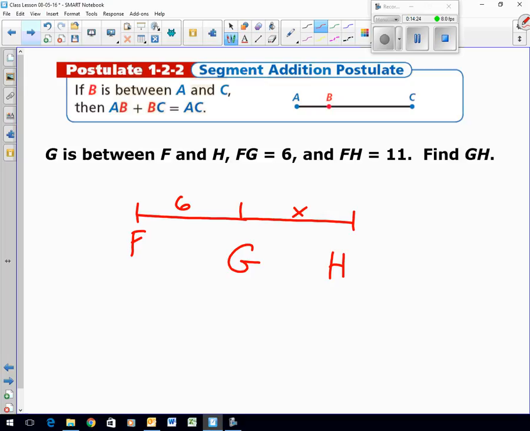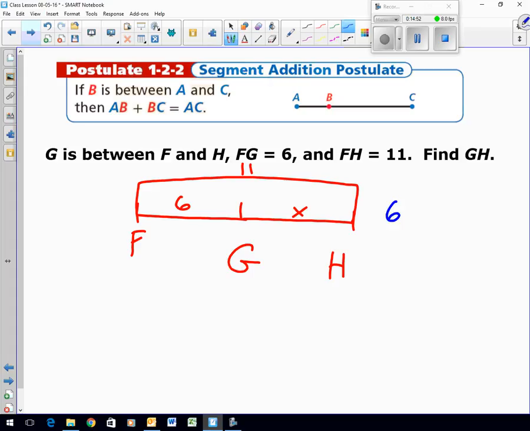So, what would G to H be? Some might say you have to have a variable in there, that you have to do algebra all the time. You really don't. How can you find 5? 11 minus 6. Right? Real simple.